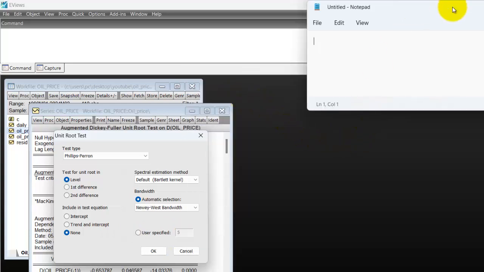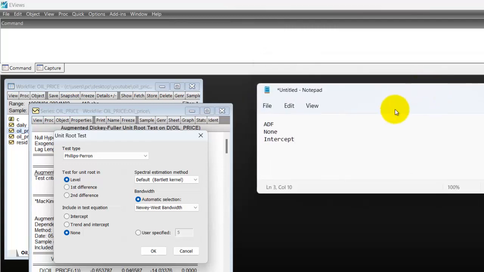Let me briefly summarize the ADF results here. We have none, we have intercepts, then we have trend and intercepts.